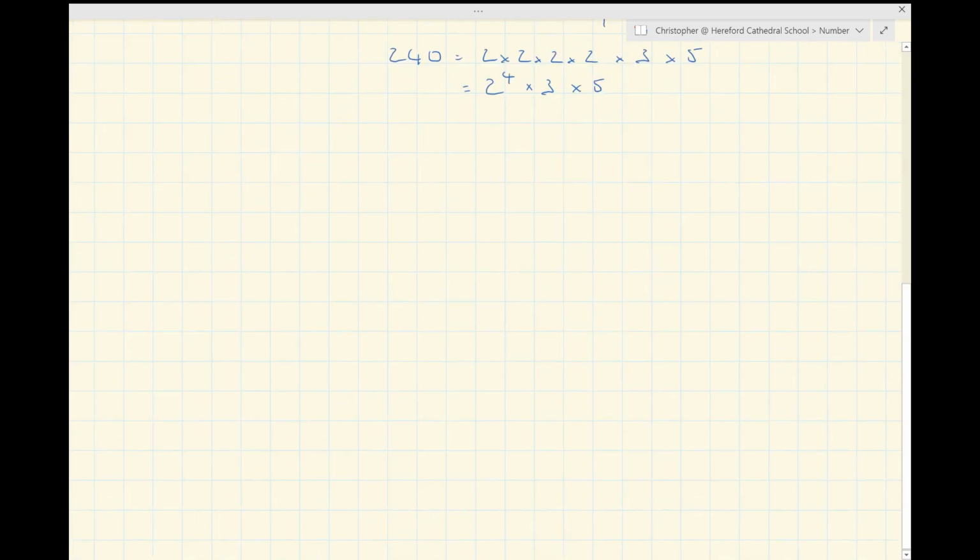Method number 2. Now, this is the method that I teach now at school, and I suppose you could call it a factor tree or something like that. You start with 180, which is the number we're going to write as a product of its prime factors, and you split it into 2 numbers which multiply together to give 180.